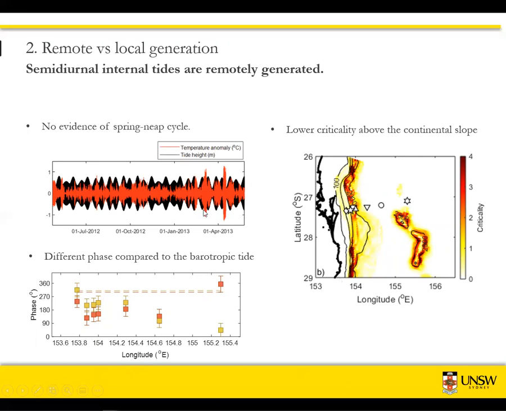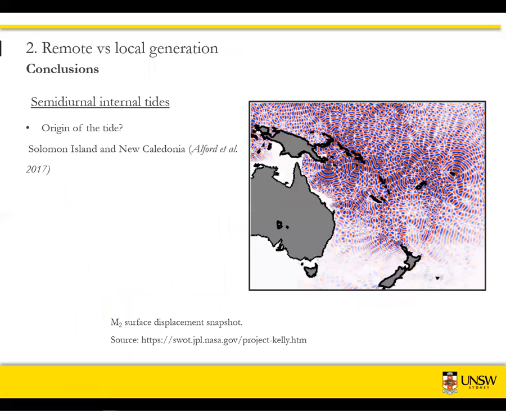So those conditions make me conclude that the semi-diurnal internal tides are remotely generated. And as shown by Alford et al., they are coming from New Caledonia, the Solomon Islands, and New Guinea, and they propagate until here, a long distance. So that's very interesting.